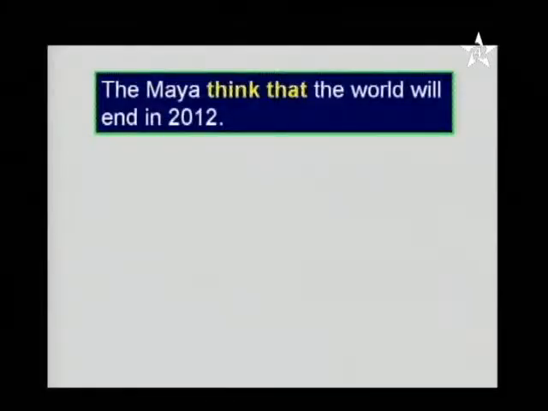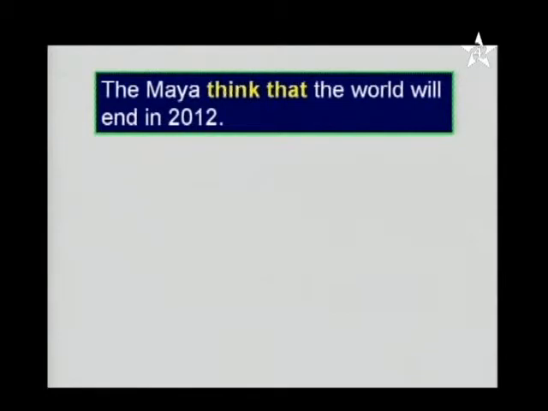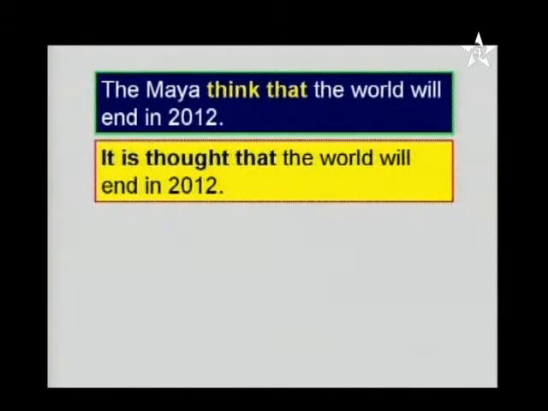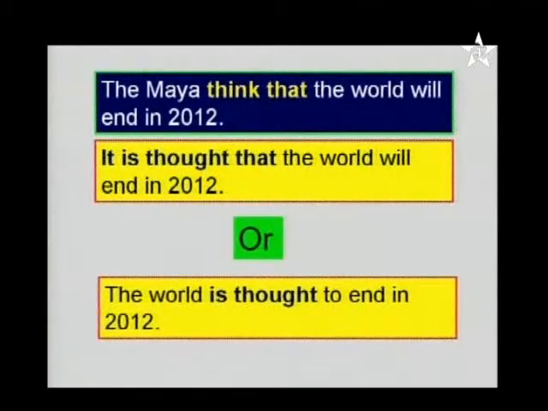One more example: the Maya, the American civilization, think that the world will end in 2012, which I hope will not happen on that day. Impersonal passive: it's thought that the world will end in 2012, or more commonly, the world is thought to end in 2012.